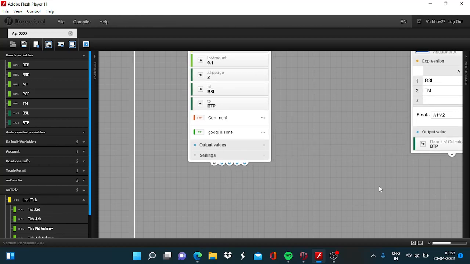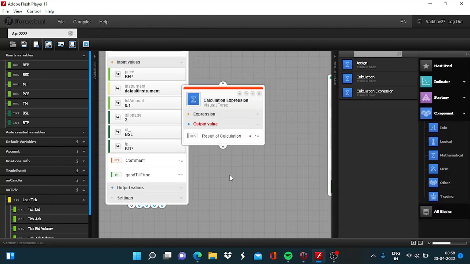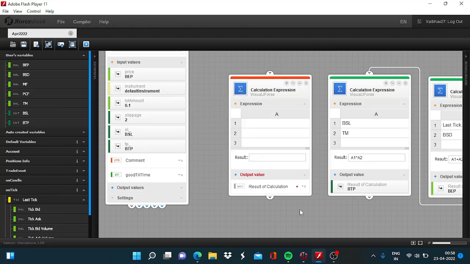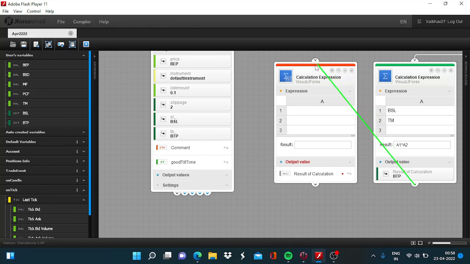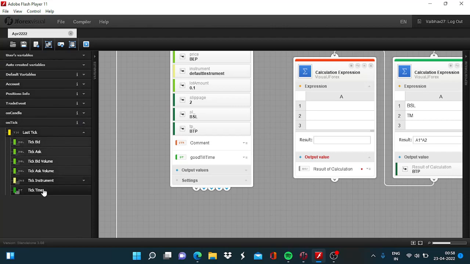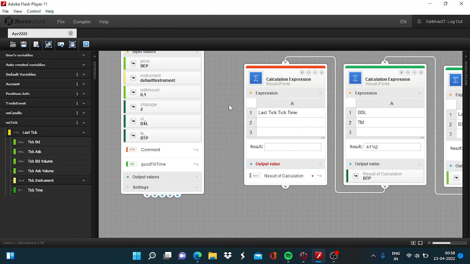Now we have one more variable to define, which is the order validity. For that we need one more of the calculation expression block. And it's pretty simple. If you had seen earlier session, I have defined it multiple times. We have to get the tick time, and whatever is the tick time, we have to add 3.6 million ticks multiplied by the desired time variable, time multiple.